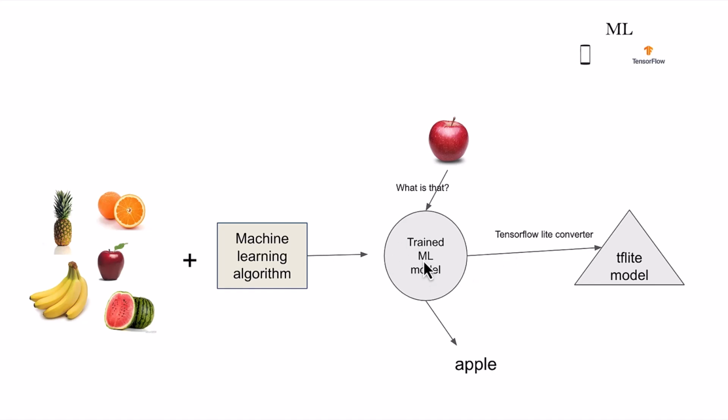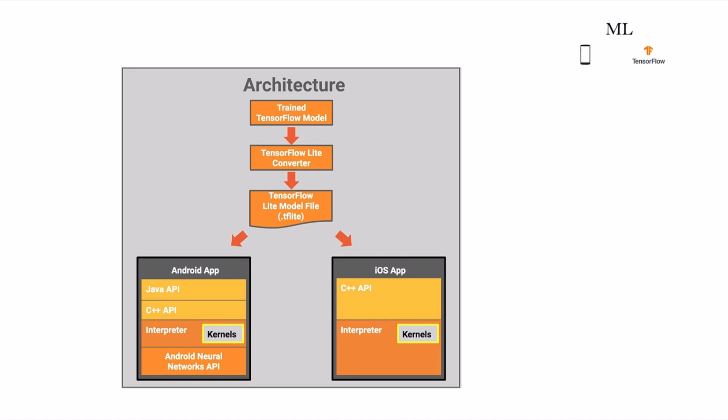So in order to use this trained model inside our mobile application, we use the TensorFlow Lite library. With the help of this library, we convert our model into a TFLite format, and now we can use this TFLite model inside our mobile application. Similarly, you can understand the importance of TensorFlow Lite with the help of this diagram.